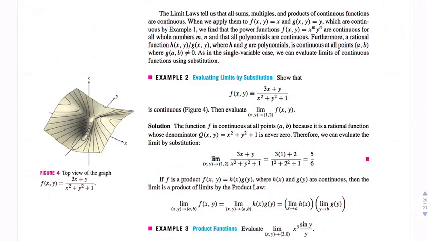So we want to show that this function is continuous, then evaluate the limit as x comma y approaches 1 comma 2 of this function.